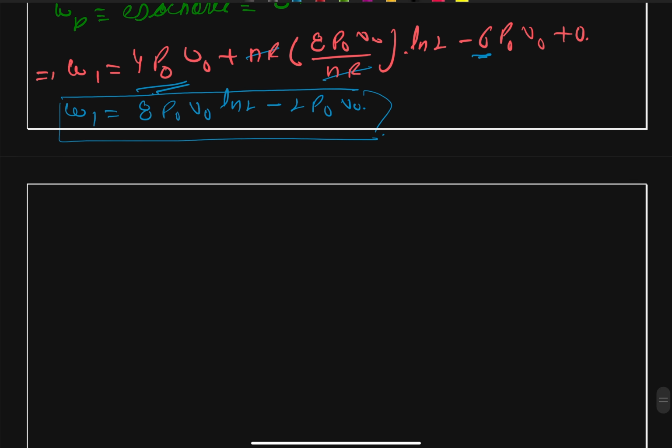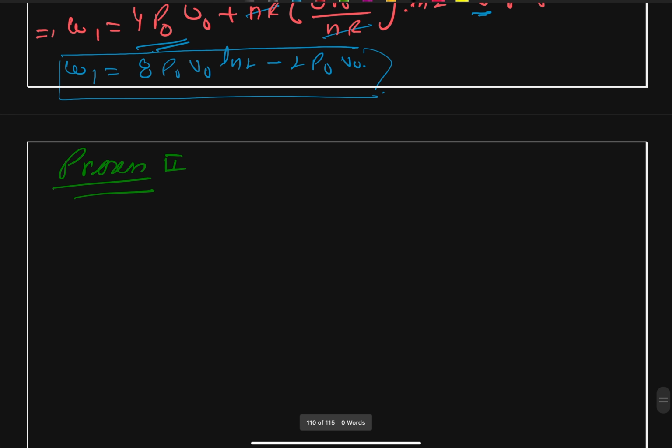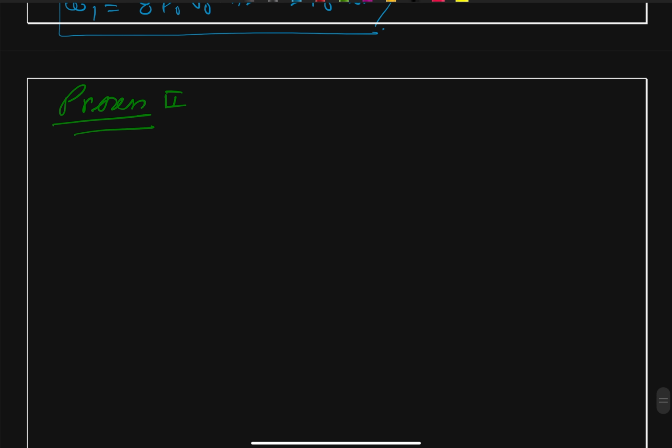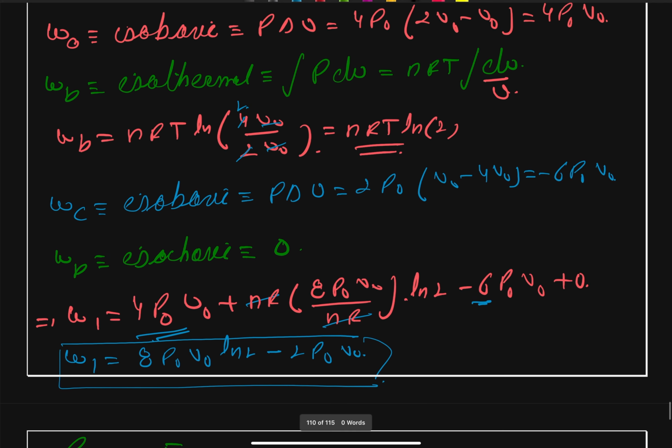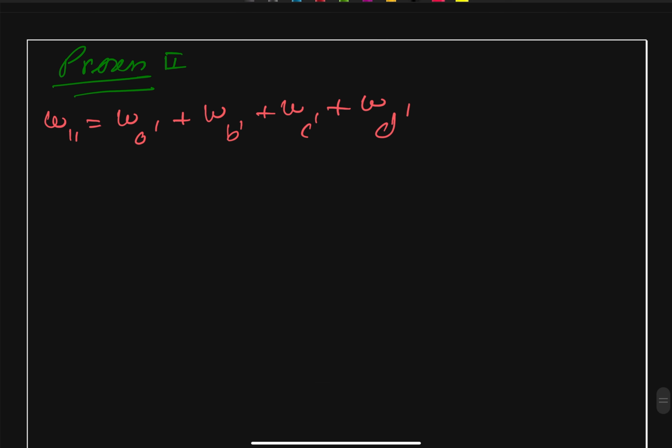Similarly for process 2, W2 is equal to WA prime plus WB prime plus WC prime plus WD prime. We can just write the formulas directly because it will be calculated more or less the same, except the minor variation will be in the values of pressure as well as volume.